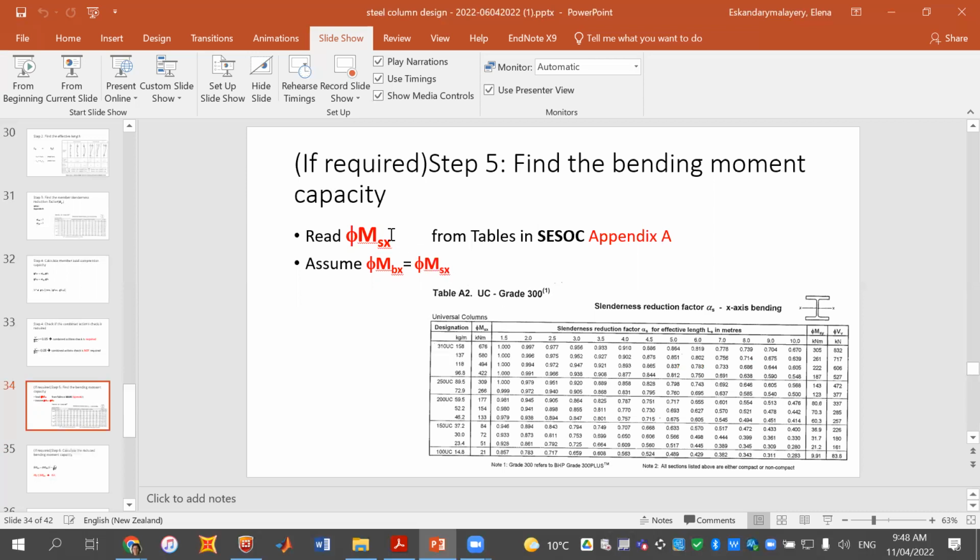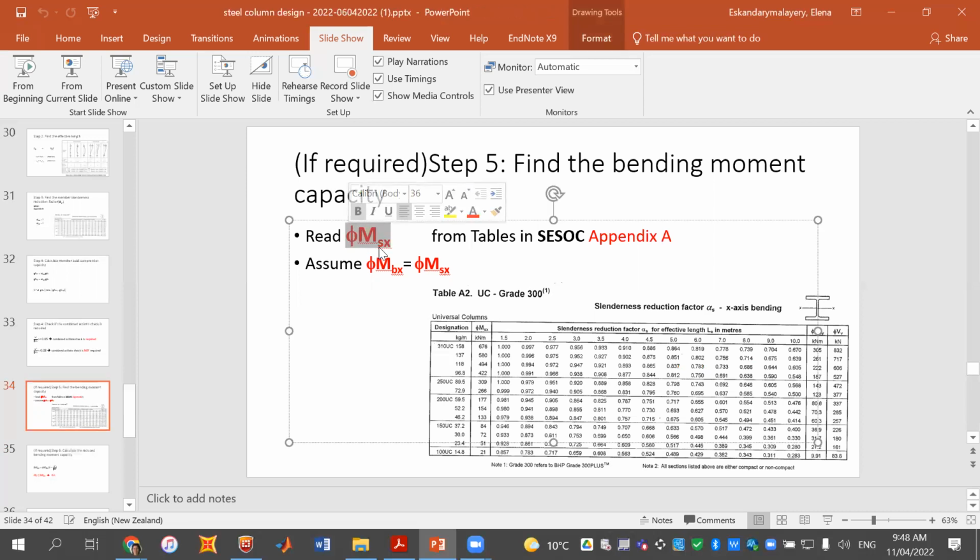So as we discussed, we said in this case, we just consider the bending moment around the x-axis. So you only need to find phi Ms x, which is around the x-axis. You don't need to be worried about capacity in the y-axis because we are not considering any bending moment around the y-axis.